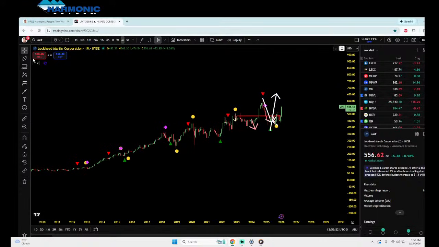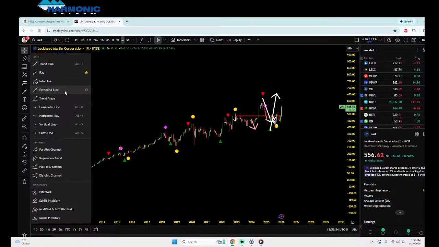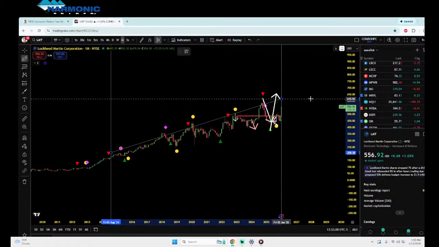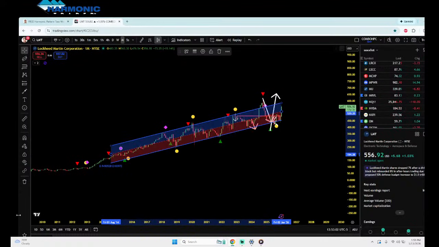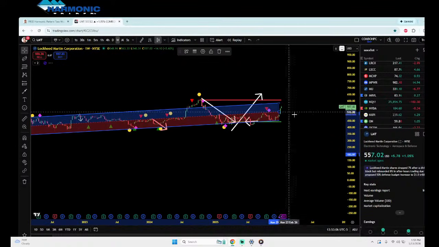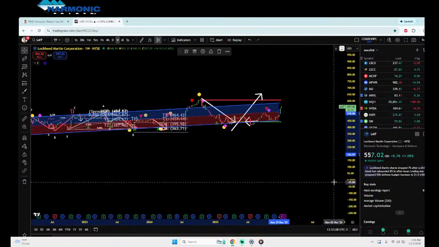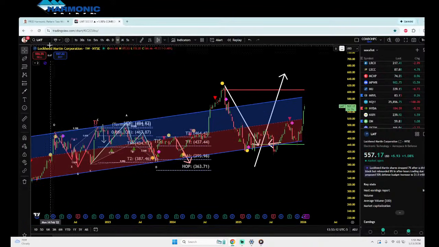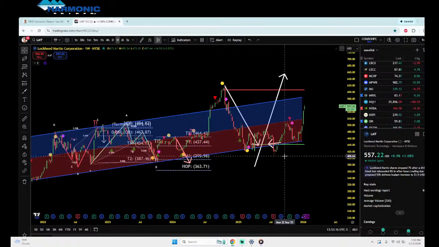Folks, Lockheed Martin and a couple of these other defense makers, you can't fight it. There's no reason to fight that trend. I know some people don't like to invest in defense stocks, but I like to make money and I like to go with winners. And this is a winner.